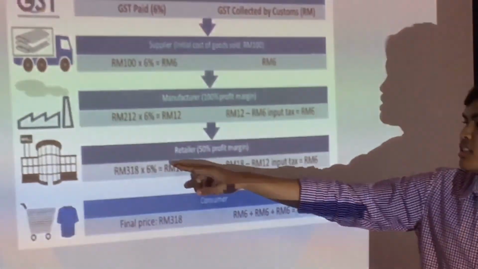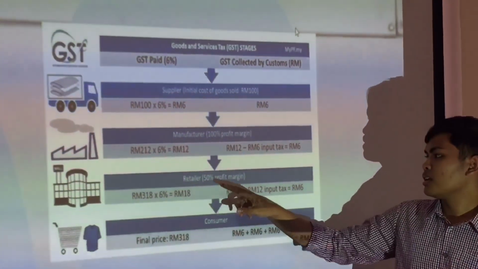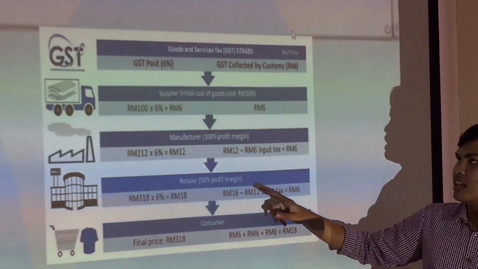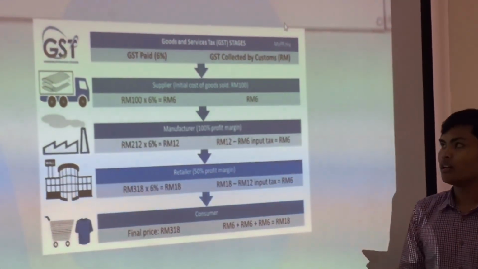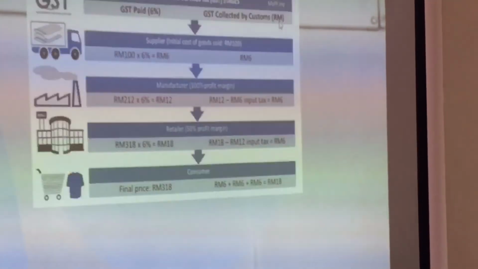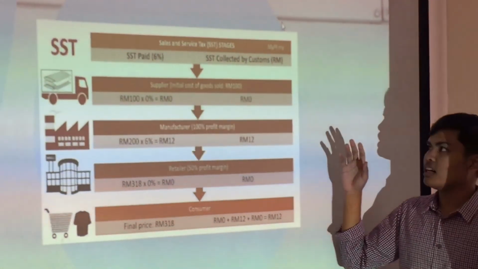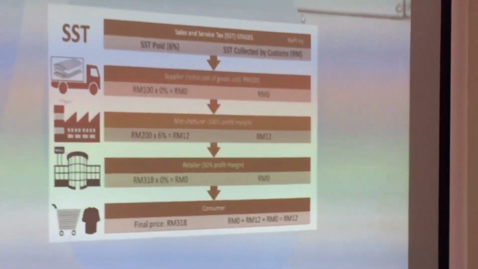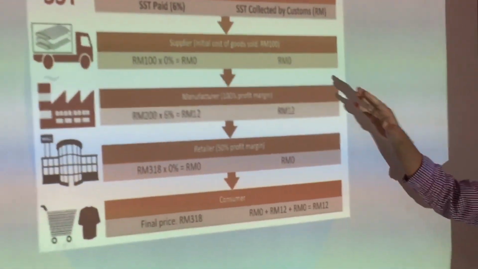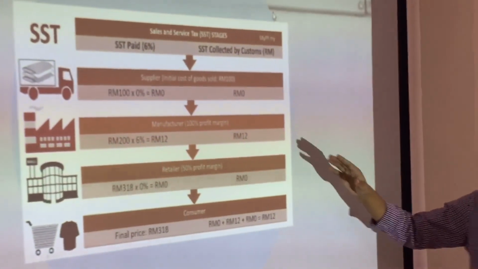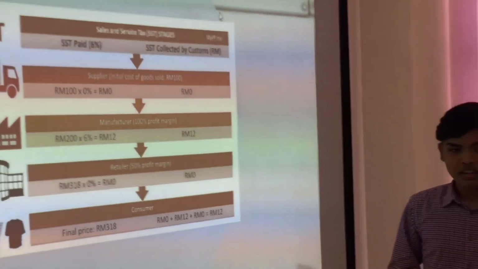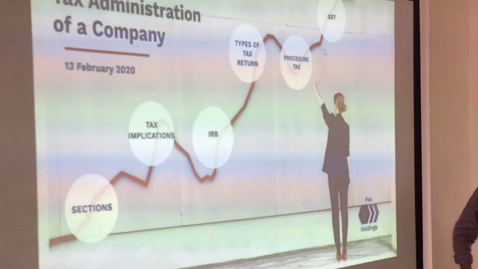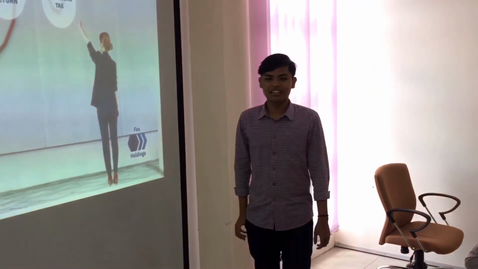So the tax rate is charged on each supplier at each stage. Next is SST. SST is a single stage tax. So it is only charged on the manufacturer, not the supplier and retailer. Okay, that's all for GST. Thank you.